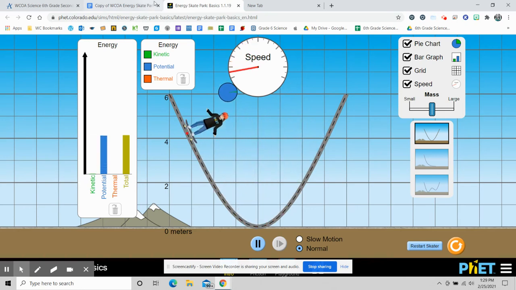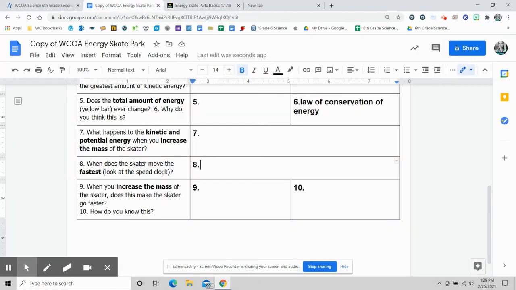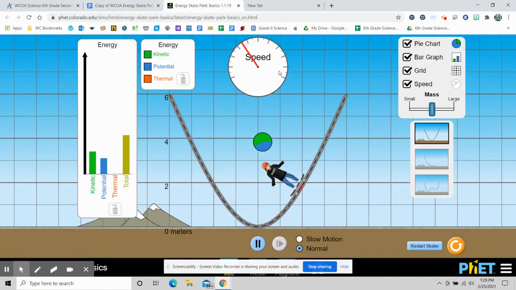All right, and then if I look at this, he's traveling the fastest when he has the maximum kinetic energy. So see, if I pause it right there, that's right where that speed is the highest. So he travels the fastest when his kinetic energy is the highest, which is at the bottom middle of the ramp.